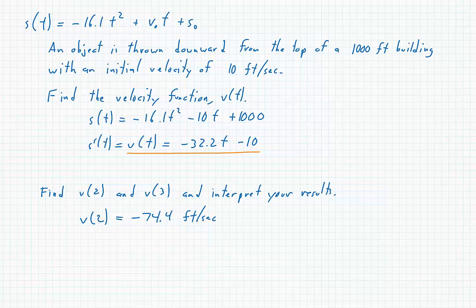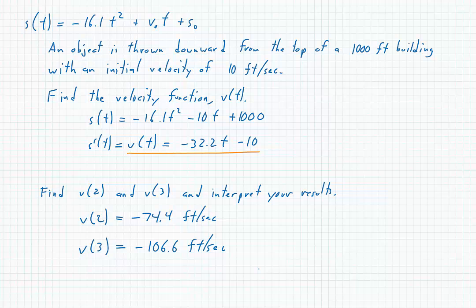It's going to be exactly the same units as the initial velocity, feet per second, since these are velocities. To find the velocity at 3 seconds, we're going to take negative 32.2, multiply it by 3, and also subtract 10, and we'll find out that that is negative 106.6 feet per second.